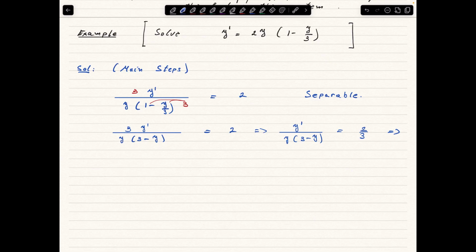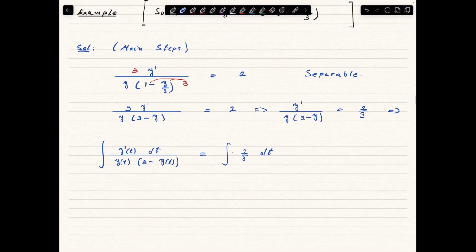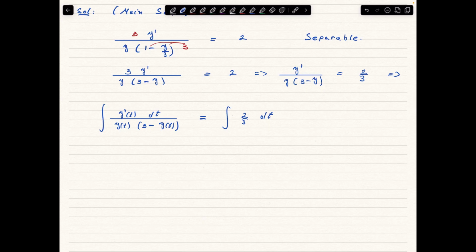Let's integrate, and then we are going to have the integral of y prime of t dt over, down here, y of t times 3 minus y of t. And over here we are going to have the integral of 2/3 dt. Now we do the substitution, but again, it's the last time we mention it, and then we are going to start doing it a little bit faster. This is dy, recall.